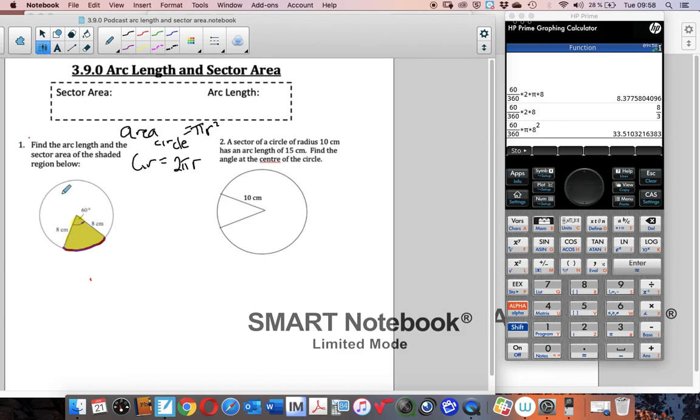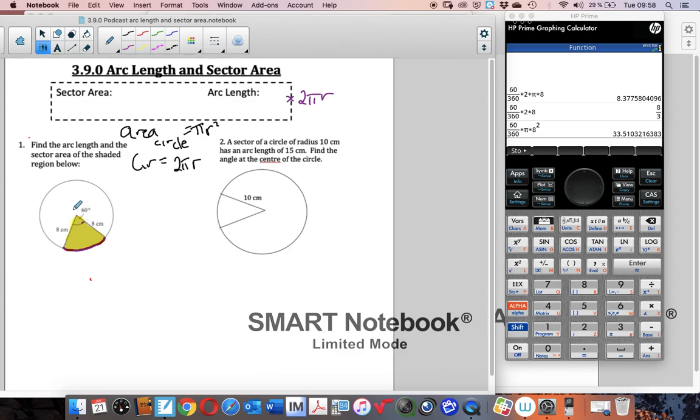So how do we do this? Let's start with the arc length. So arc length, we said, is part of the circumference, okay? So when we need our formula for this, we're going to do the circumference formula, but we don't want the whole circumference. How much are we going to want? Well, think about this as a whole.